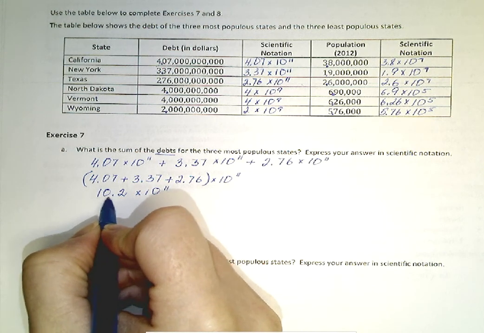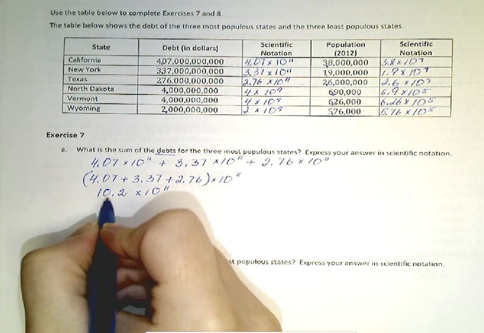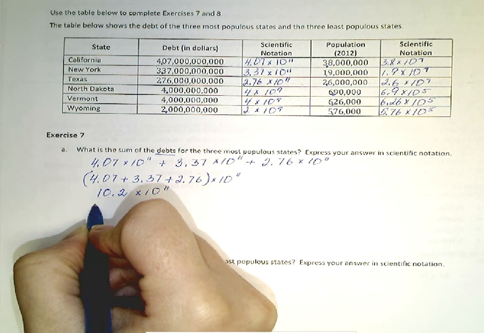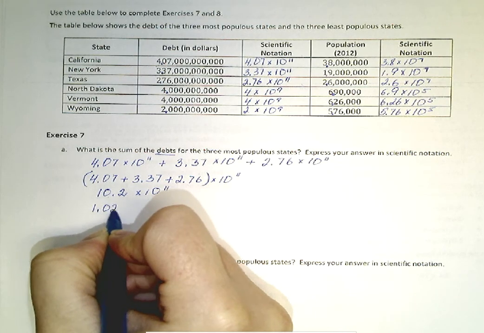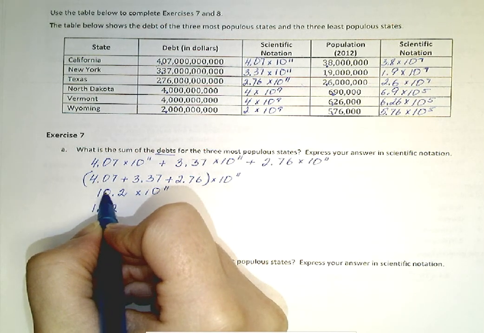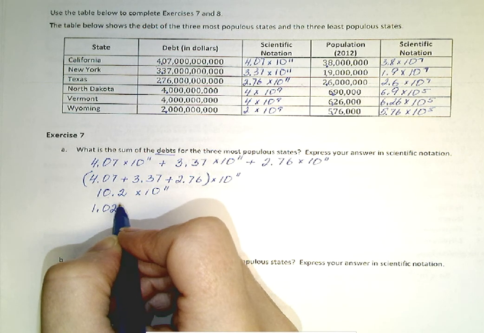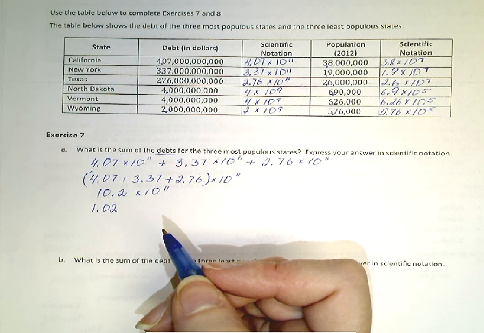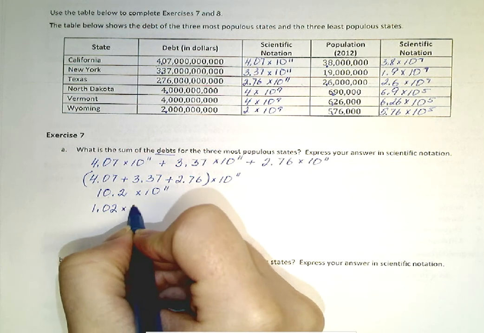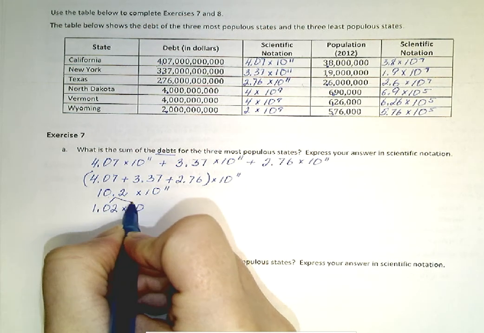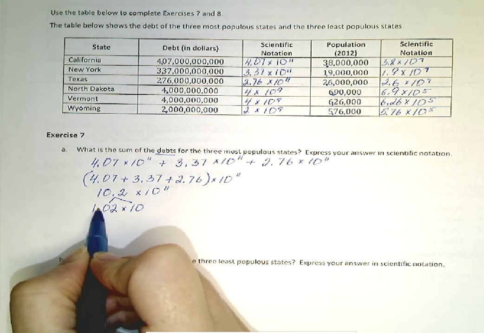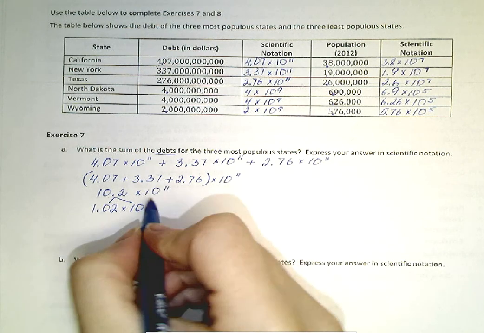So we'll have to move our decimal over, which means we are dividing by 10. So it's 1.02, and since we are dividing by 10, we are multiplying by 10 to the first power. So I'm rewriting this number as 1 and 2 hundredths times 10, because if I do the opposite, I will move my decimal back, and that is the first power.